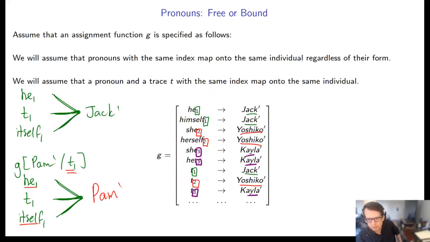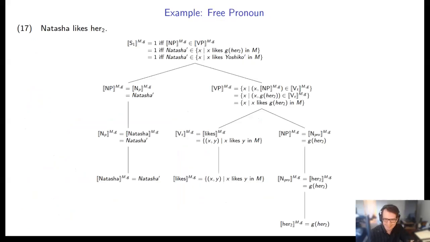Okay, so let's take a look at a sentence with a free pronoun. And what you're going to notice about the free pronoun tree is that there's nothing exciting happening at all. And this is not an exaggeration. There's literally nothing exciting happening here.